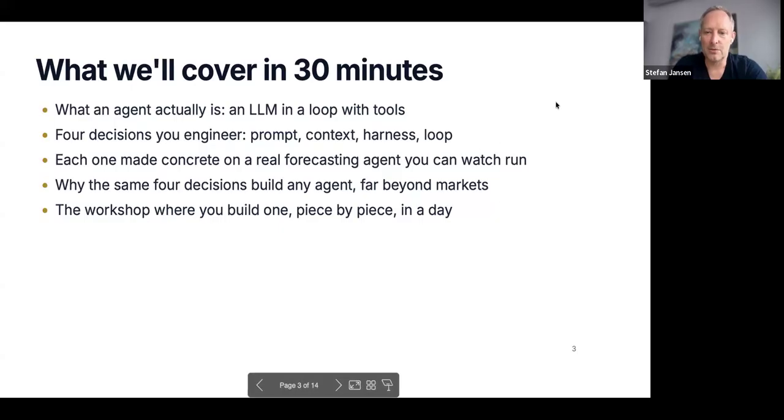So the discussion has evolved just as have agents rapidly over the last year. What we discuss is how each of these four areas and the decisions that you take there help construct a forecasting agent that you can actually run live.